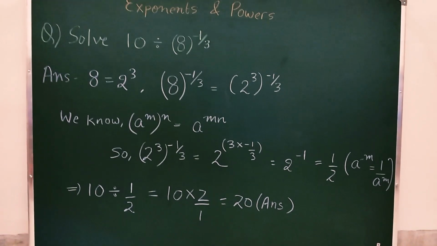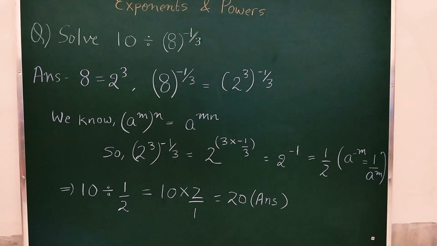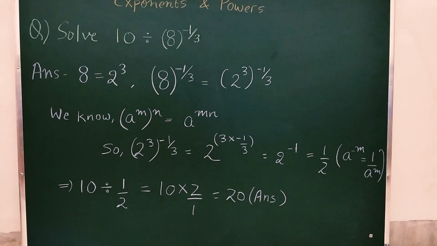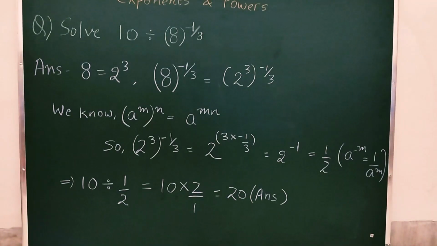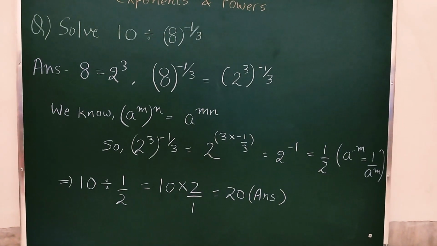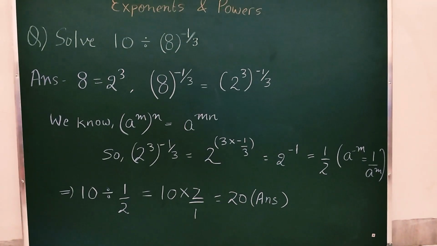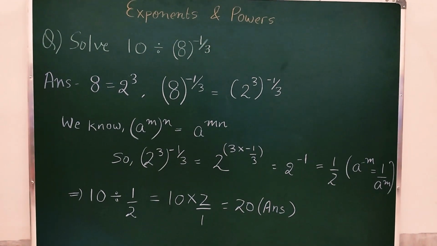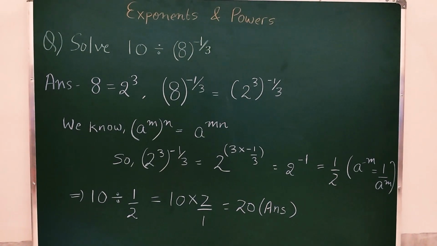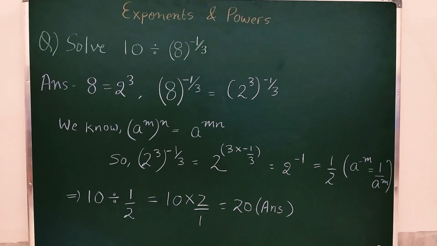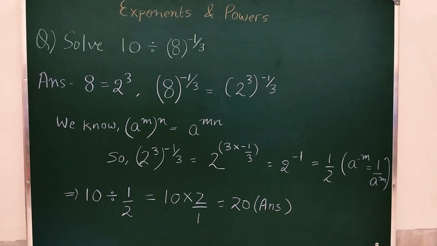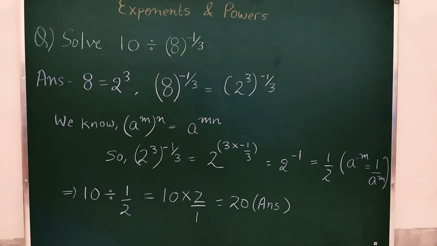So we get our answer as 2 raised to power minus 1, or we can write this as 1 by 2 according to our first law, which states a raised to power minus m is equal to 1 by a raised to power m. Now our question states 10 divided by 8 raised to power minus 1 by 3, which we have converted, 8 raised to power minus 1 by 3 actually comes out to be 1 by 2.